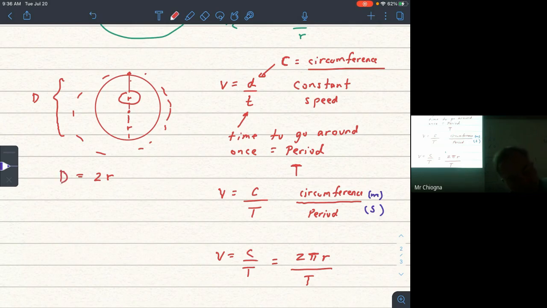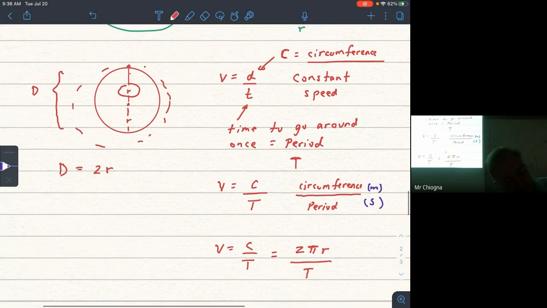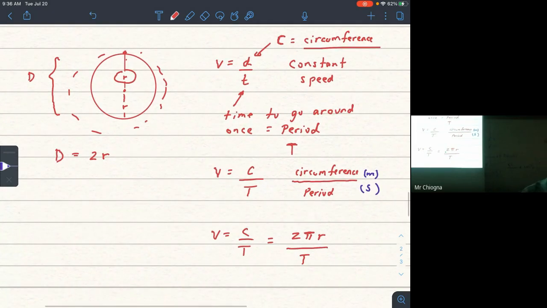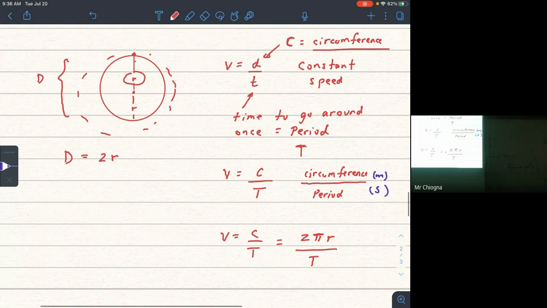D is equal to 2r. Diameter is twice the radius. D is the diameter. Okay, we mostly use radius.